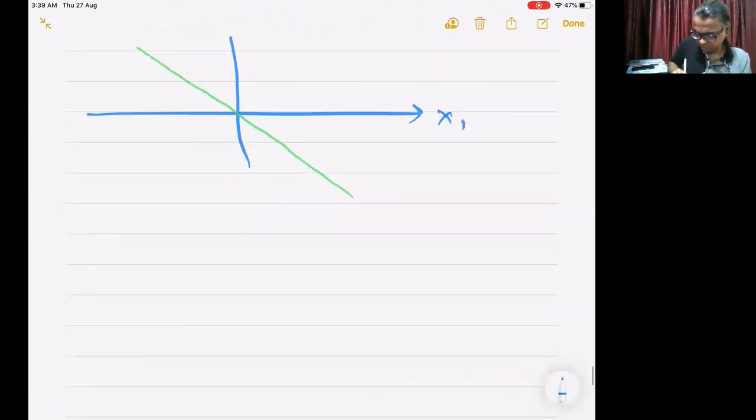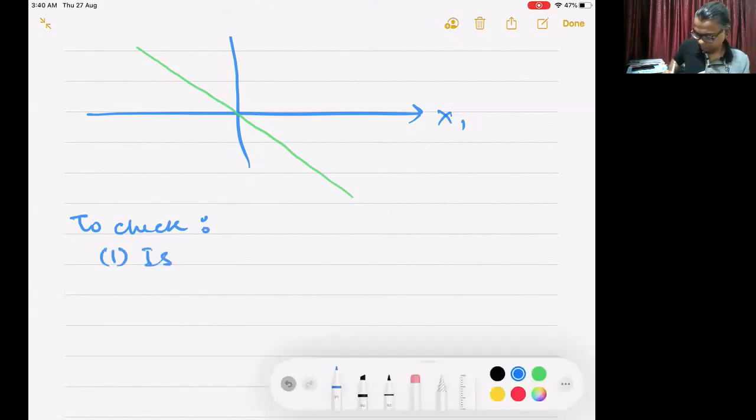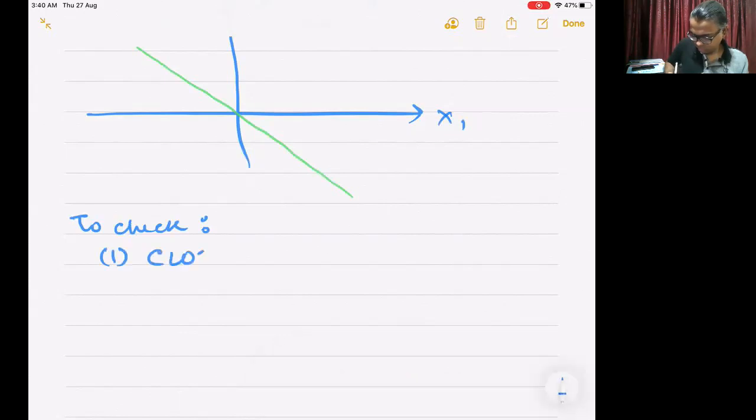So first of all, to check, number one is closed under vector addition. This I have to check.